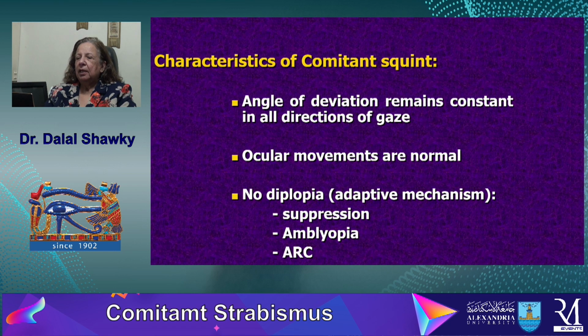Also, among the characteristics of comitant squint, there is no diplopia, while in paralytic squint there is diplopia, as we said before. No diplopia. Why? This is not a good sign, because there is no diplopia due to adaptive mechanisms, either suppression, where the image coming from the deviated eye is suppressed to overcome the diplopia.